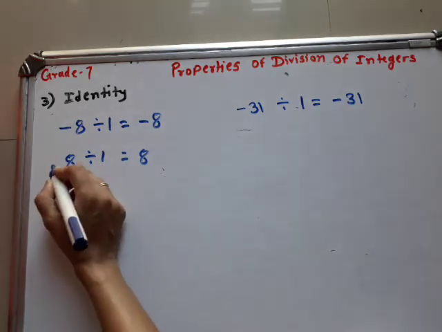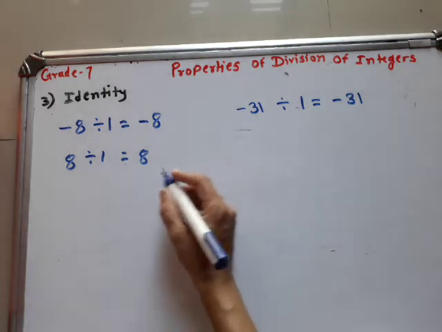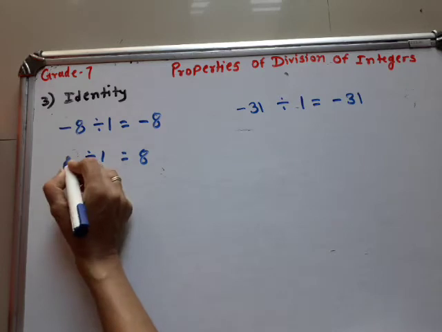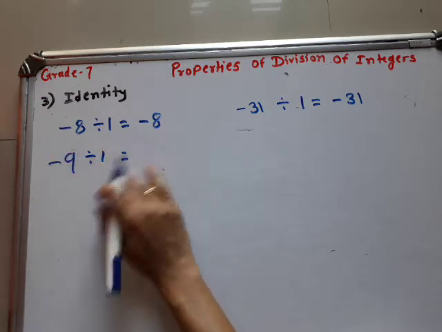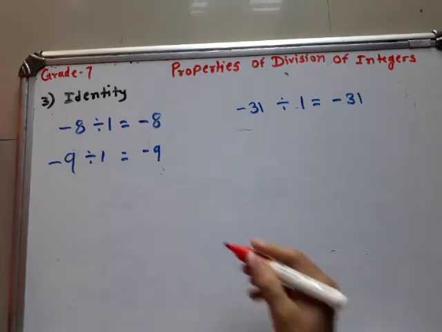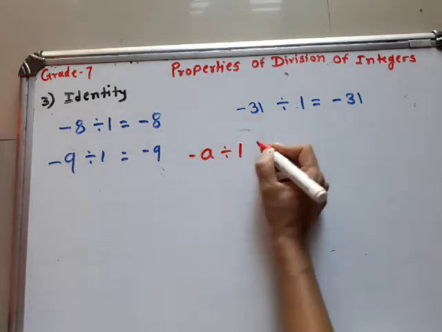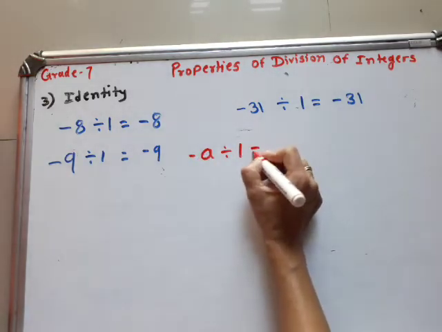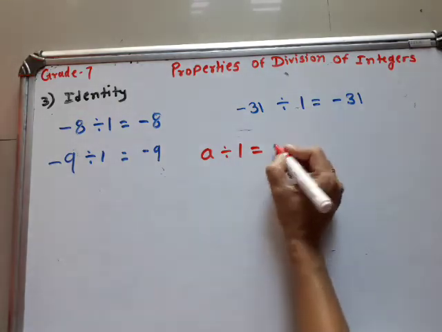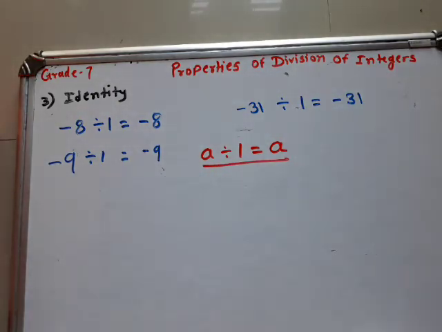These are the identity of division. Now we take another number, minus 9 divided by 1, we get minus 9. So what is your property? You have to write here: a divided by 1, where a means any integer, we get the same answer again. This is your third property.